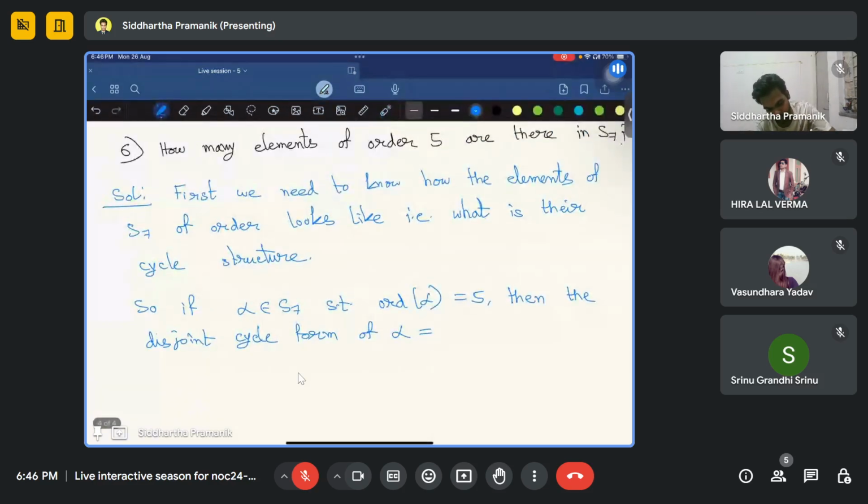Since the order is 5 and we are in S7, it must be a 5 cycle.